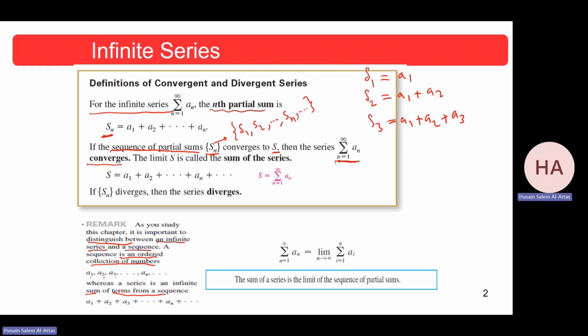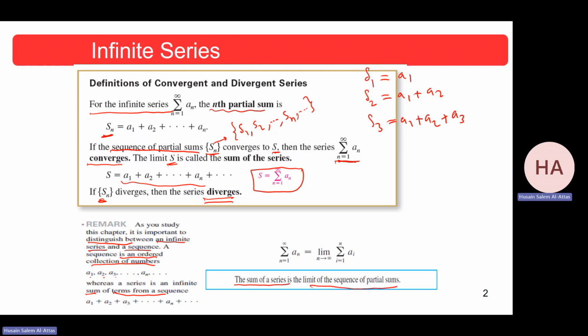Not only that, the limit S will be the sum of this series. If that sequence of partial sums diverges, then we say the series diverges. So the sum of a series is the limit of the sequence of partial sums.